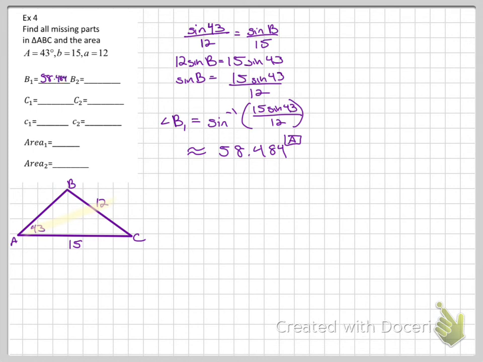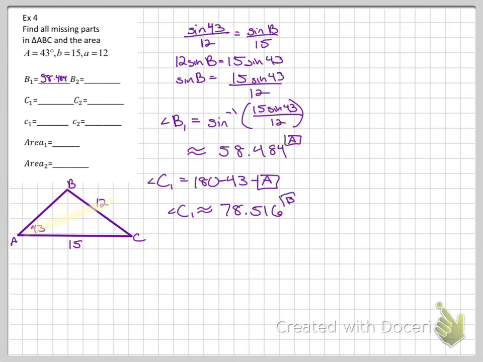Once you know both angles, right, because technically I know 2 angles in my triangle, then I do triangle sum. C1 is going to equal 180 minus the 43 from the picture, and minus angle B1, which is in button A. So angle C1 is going to equal 78.516.